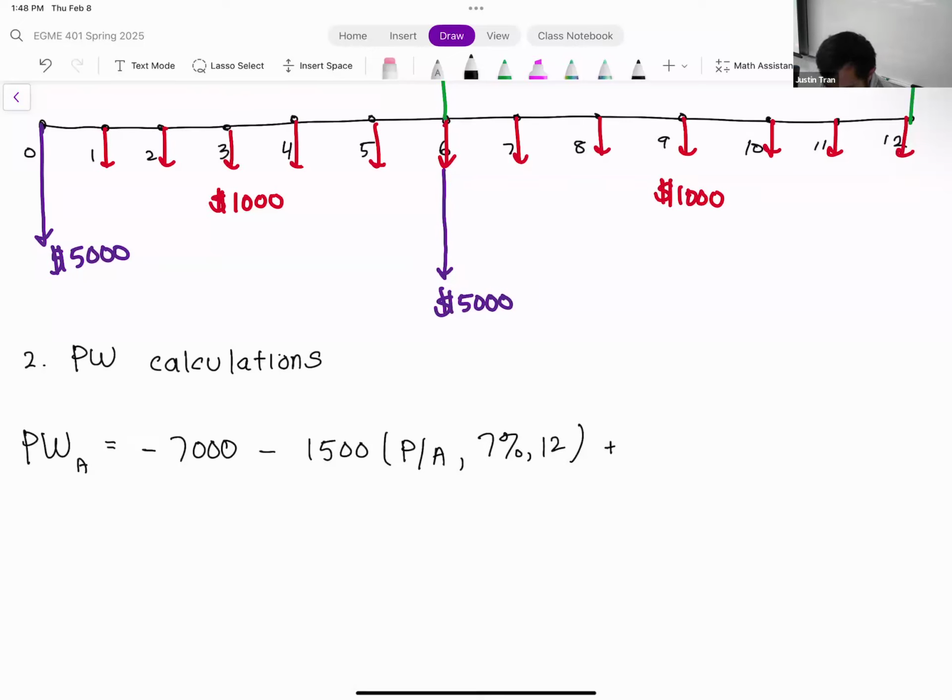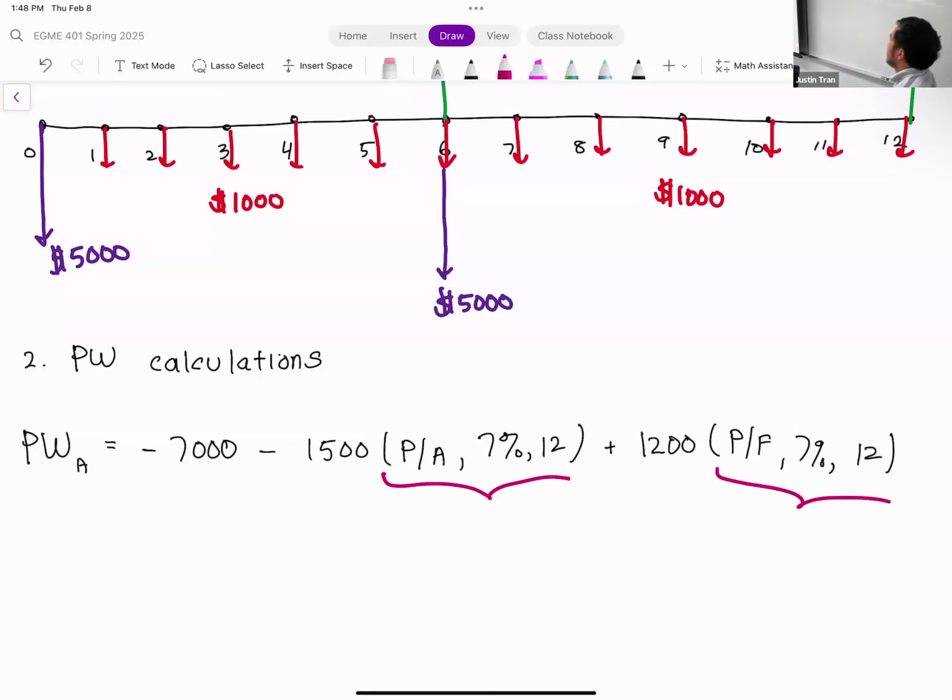And then we have our salvage value, which is 1,200. That 1,200 is a lump sum, so that's going to be P over F, 7%, and that's also going to take place in the 12th year. Just like we did in the last example, we're going to look these up in the tables.